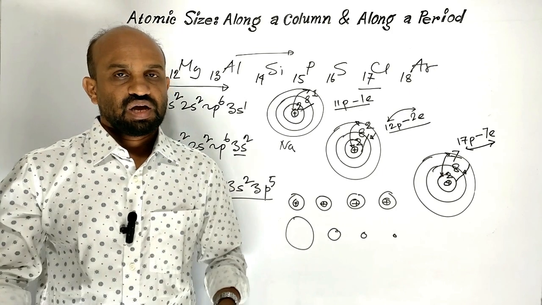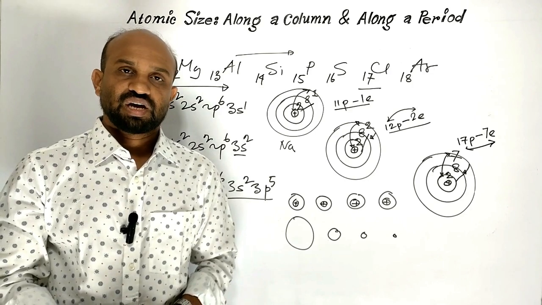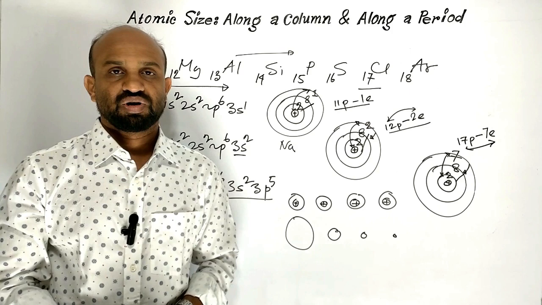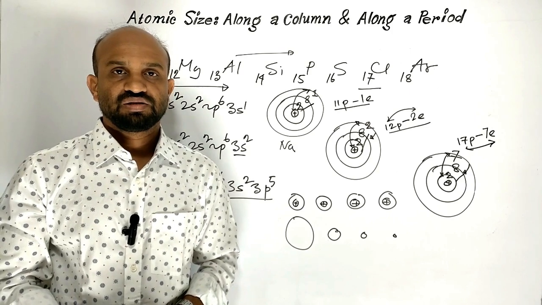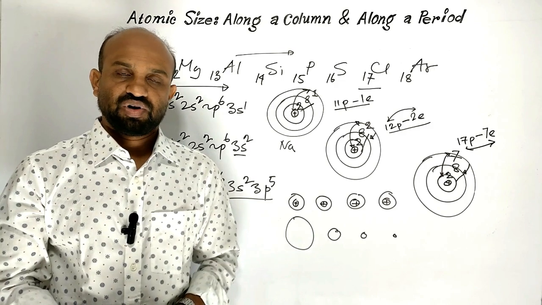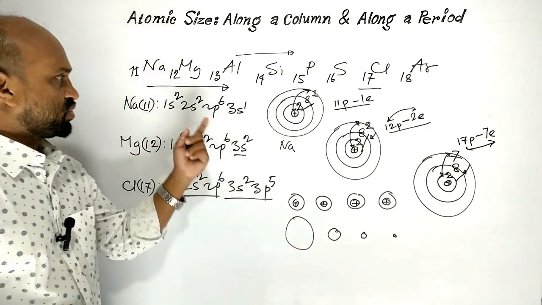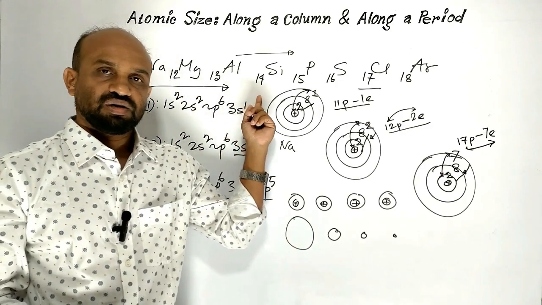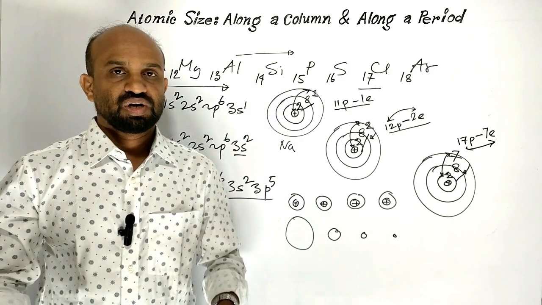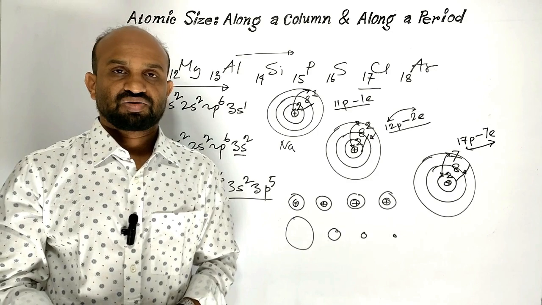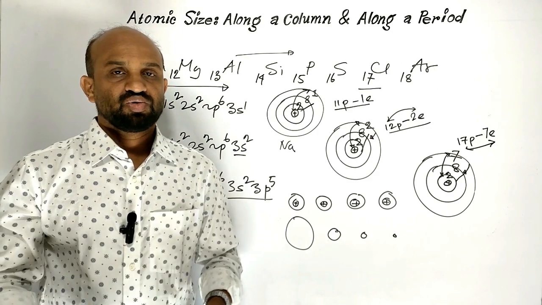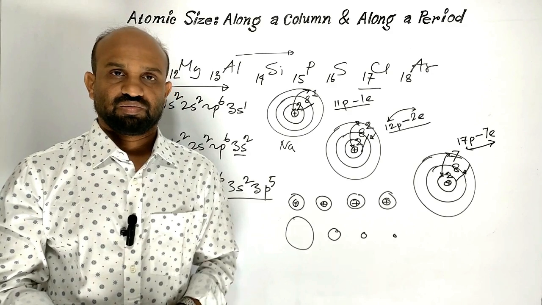And along a period, this attraction increases with the increase of atomic number. For this reason, from left to right, atomic sizes decrease due to the increased attraction between nucleus and outermost shell with the increase of atomic number.